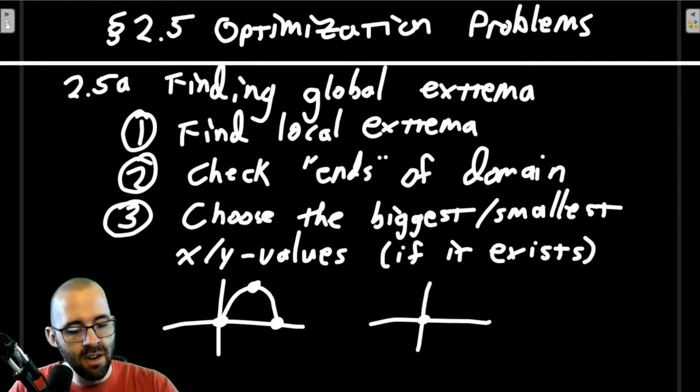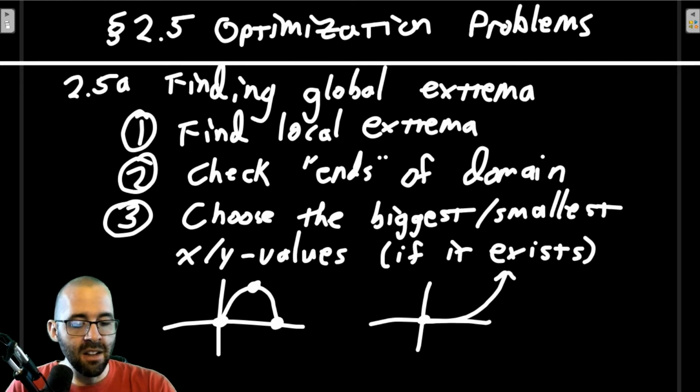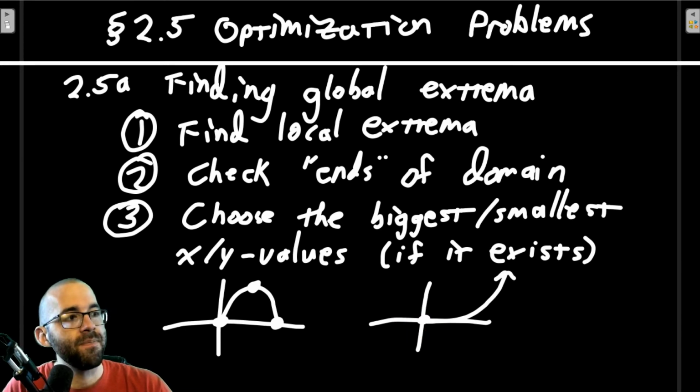Sometimes we'll start at 0, but the domain goes off to infinity. In this case, when you find the limit as x goes to infinity, how does this function behave really far to the right? Well, it goes off to positive infinity. So we would say that there's no global maximum here. But again, our global minimum would be 0. It's kind of what I'm talking about for steps 2 and 3.